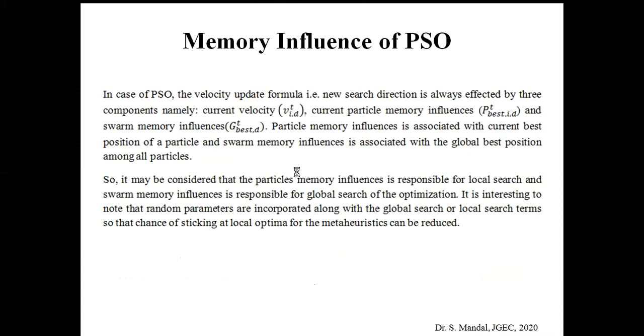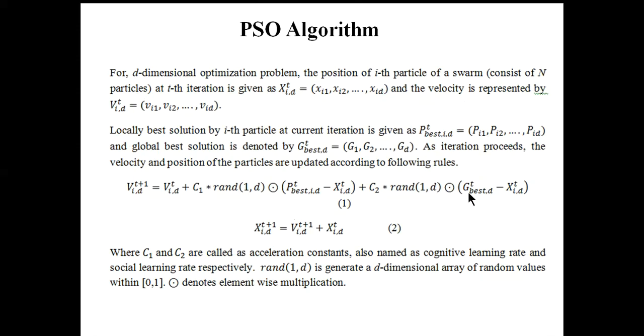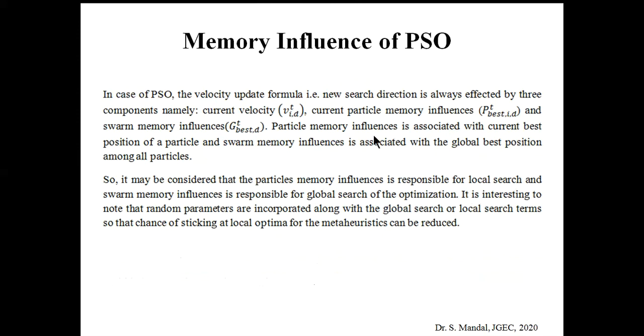And next one is gbest_d(t), that means the swarm memory influence, or global best. The particle memory influence is associated with the current best or local best solution, and the swarm memory influence is associated with the global best position among all particles. So these three terms basically influence the velocity update, that is, in which direction the particle will move.